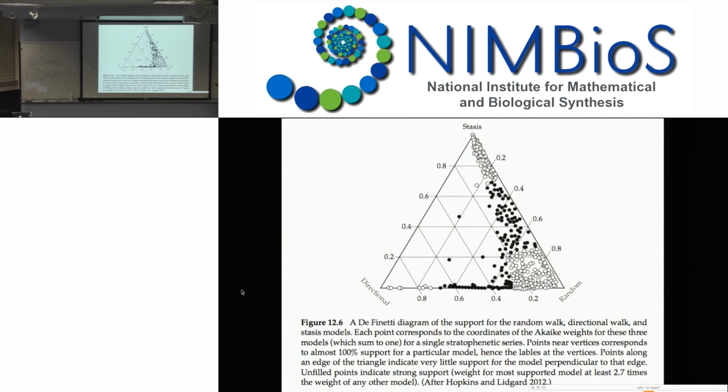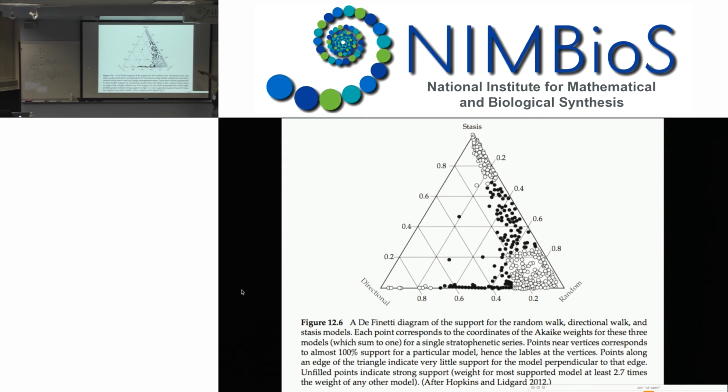This is a de Finetti triangle, and the idea here is, up on this end of the 3 models, stasis, directional, or random, almost all the weight is on stasis. Almost all the weight is on random, almost all the weight is on directional. Here, for example, about half the weight is on directional, half on random, none on stasis.